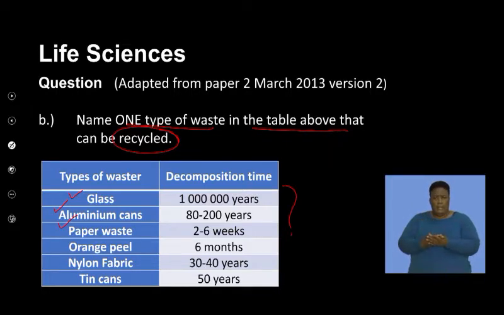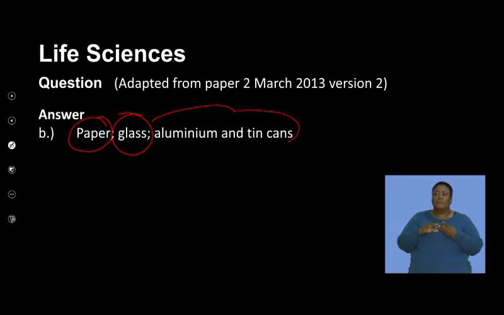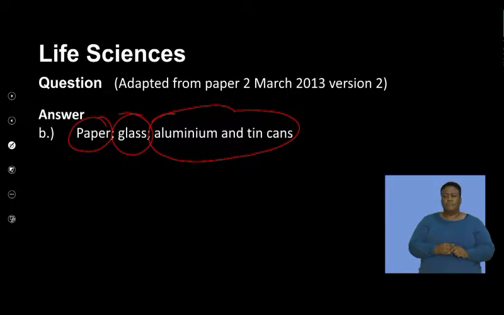Recycling again means changing the purpose of this so that we can reuse them, thereby preventing them from being filled up into land space. So paper definitely can be recycled, glass can be recycled, aluminium and tin cans can be recycled and reused for their purposes, which are again going to reduce the impact that they have on solid waste landfills.